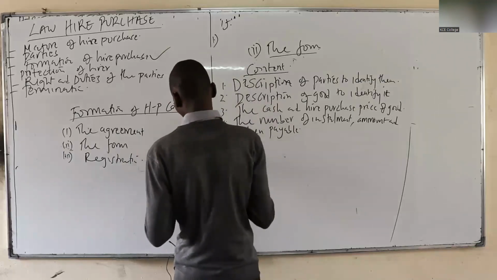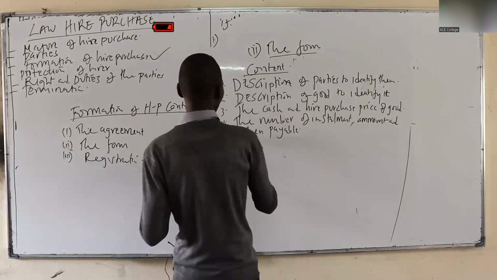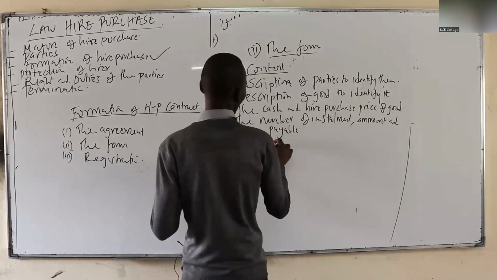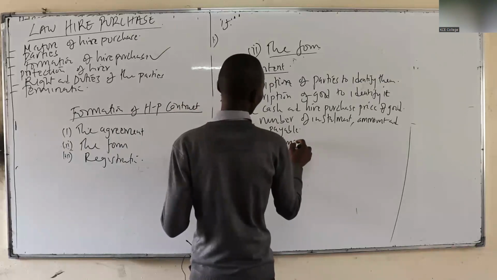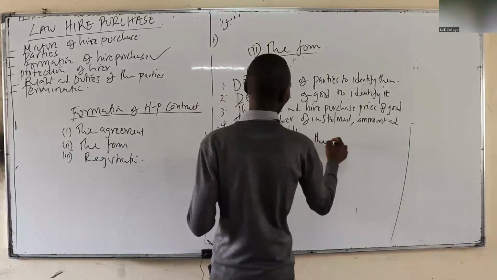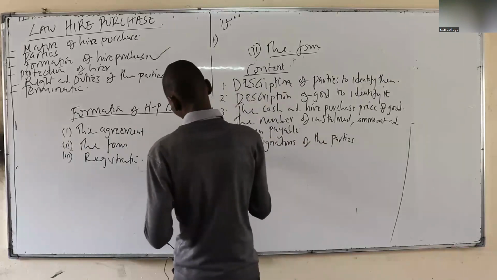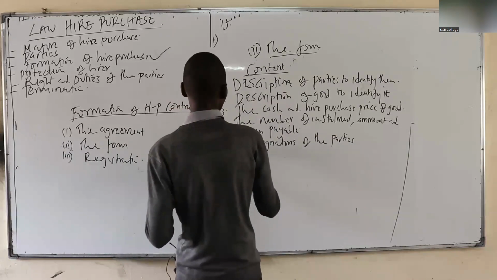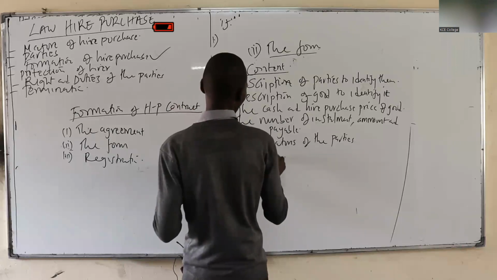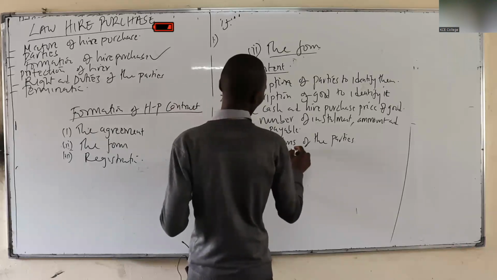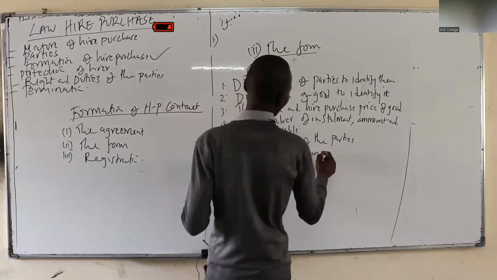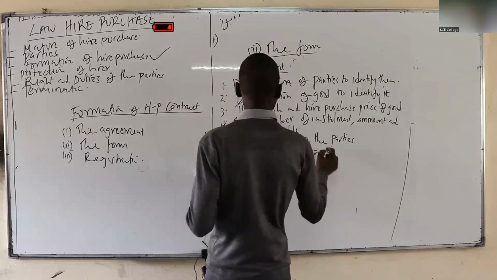Number 5, the signature of the parties. Number 6, the right of the hirer.